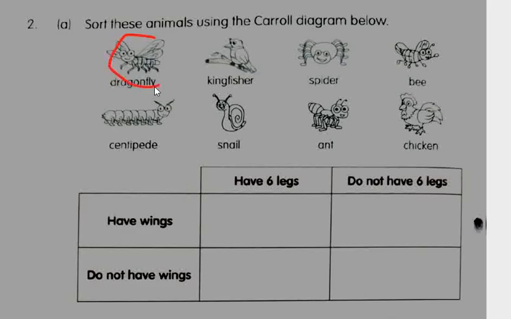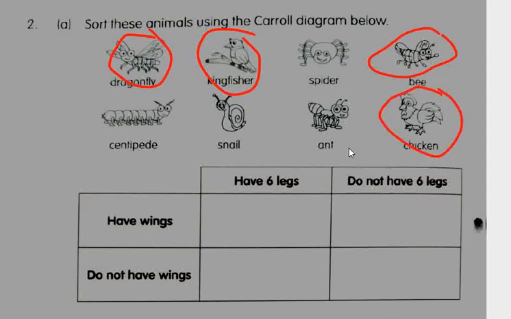Let's mark all the animals that have wings. There is dragonfly, kingfisher, spider, no, it doesn't have wings. Bee also has wings. What else? Chicken has wings, right? Yeah, has wings, but it cannot fly. Okay, we have marked all animals that have wings.